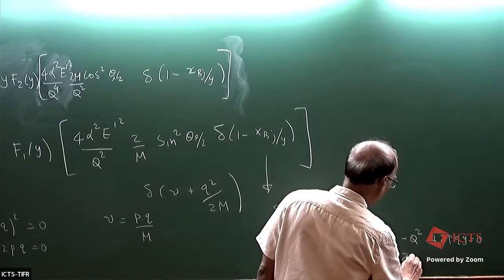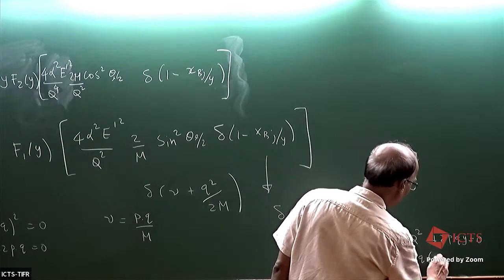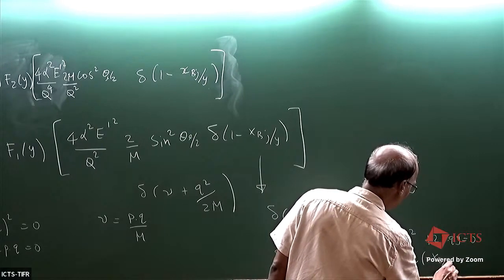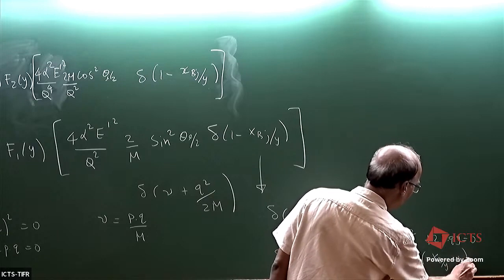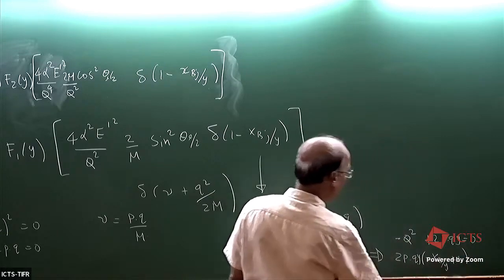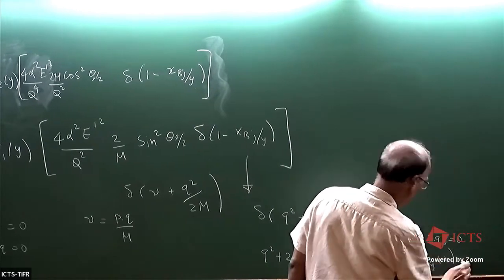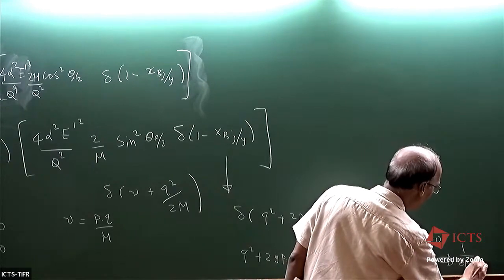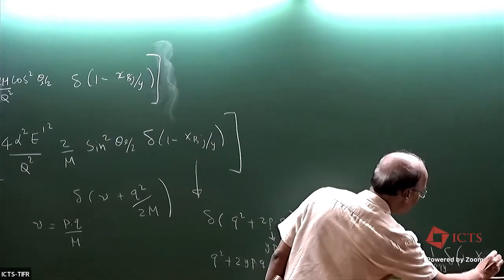If I pull out this 2p dot q outside, you get this term, which is minus x_Bj by y minus 1 plus 1. This is the delta function that you get. In the delta function language, it is 1 by 2p dot q y into delta of 1 minus x_Bj by y.